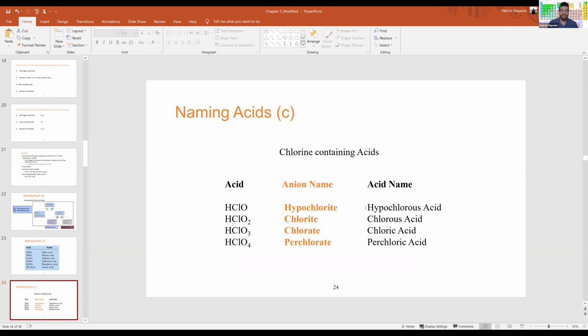So that could be difficult, but knowing the rules, if you try to deduce the information going backwards, if I see OUS, that means it was definitely a polyatomic ion containing oxygen, and it was probably one that contained a low number of oxygens, either one or two. So hypochlorous would be deduced from hypochlorite, like this. So hopefully that makes sense.